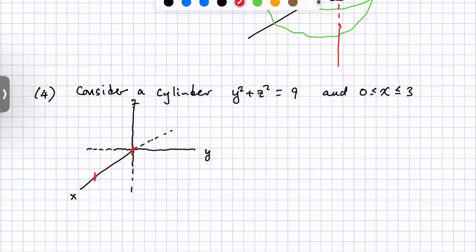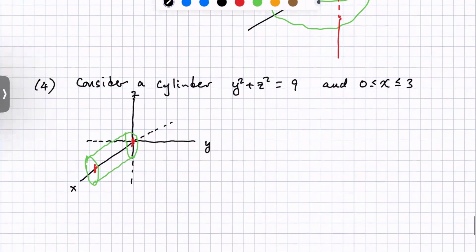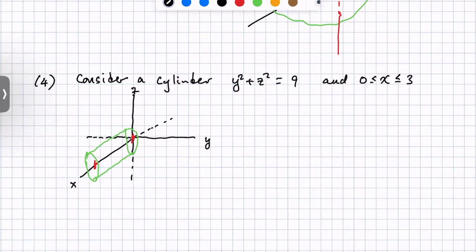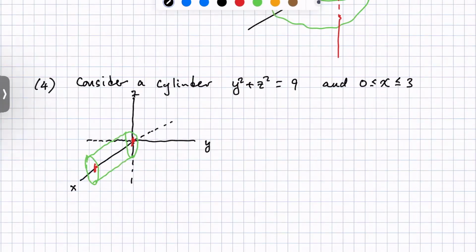So here's 0, here's 3, and here is my cylinder, and it looks like this. Notice that the radius is always 3.